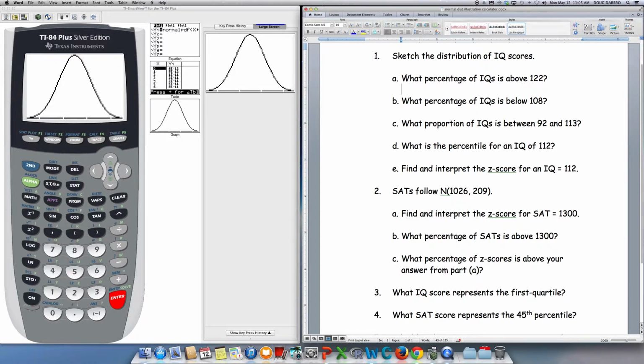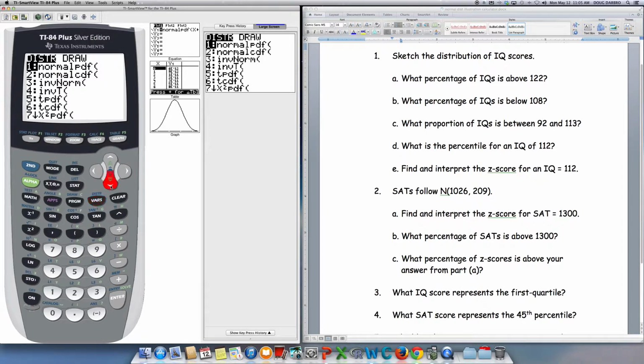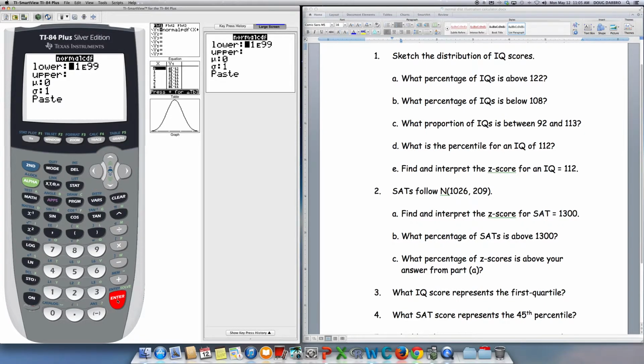For example, what if we had this problem and we just wanted to focus on the percentage of IQs above 122? Well, we really don't need all this information to do that. All we would need to do here is go to second function distribution, go to the normal cumulative density function. If we're wanting above 122, that means our lower bound will be 122.